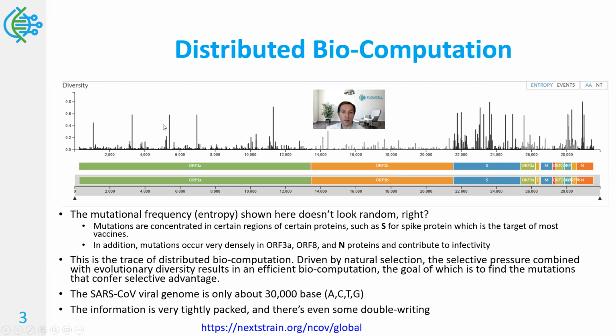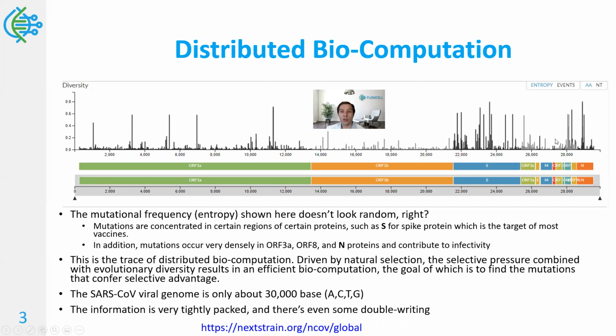In certain base pairs, sometimes they're quite isolated, and in certain regions. Spike, which is the protein that has been used for the vast majority of vaccines, is predominantly variable, followed by two other regions, maybe three, ORF3A, 8, and protein. They're all contributing to infectivity. This is information that you can read about on the CDC website and others.